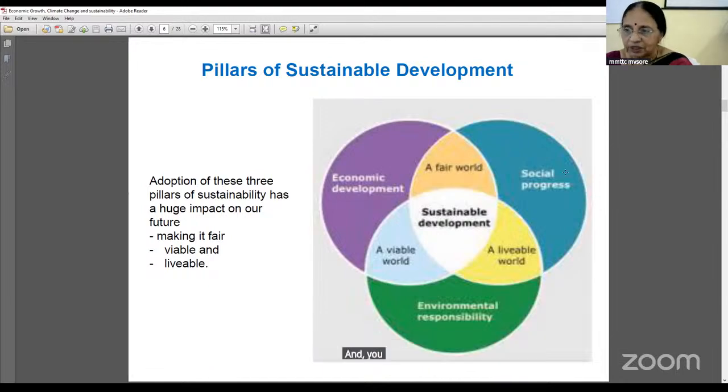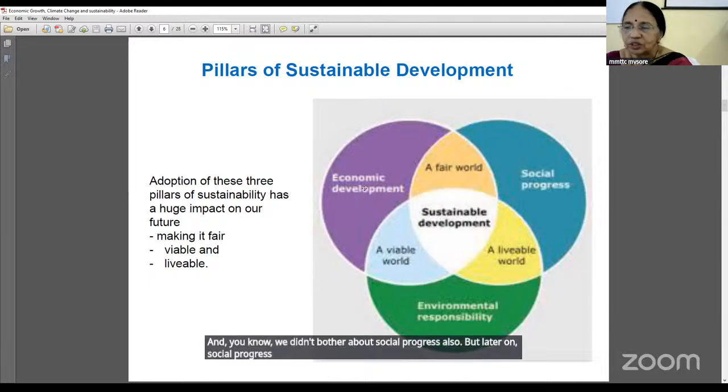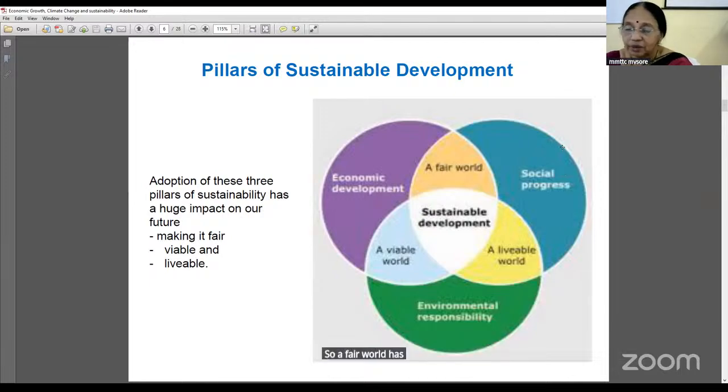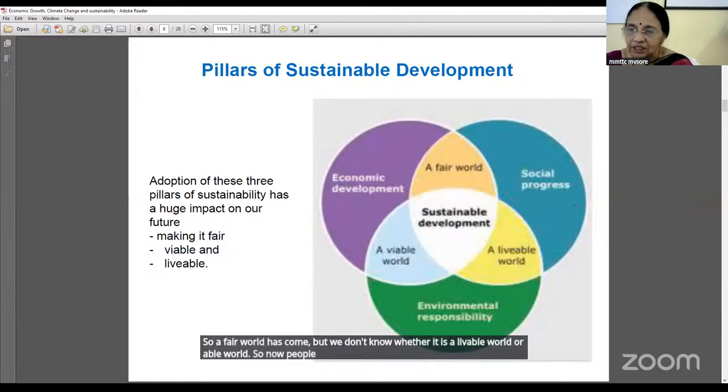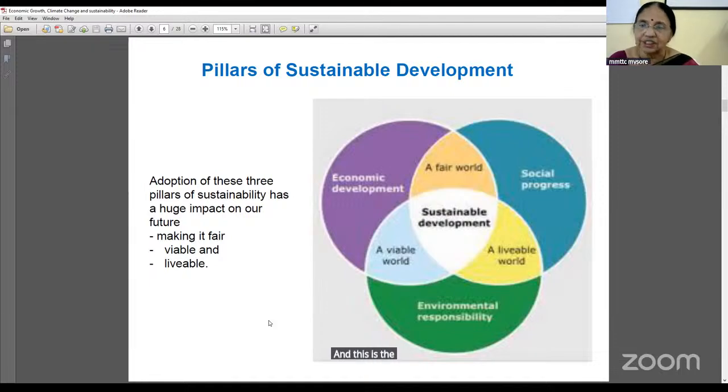And we didn't bother about social progress also. But later on, social progress came about. So a fair world has come. But we don't know whether it is a livable world or a viable world. So now people are addressing all these three pillars of sustainable development, and this is the contribution of Brundtland for the thinking on sustainable development.